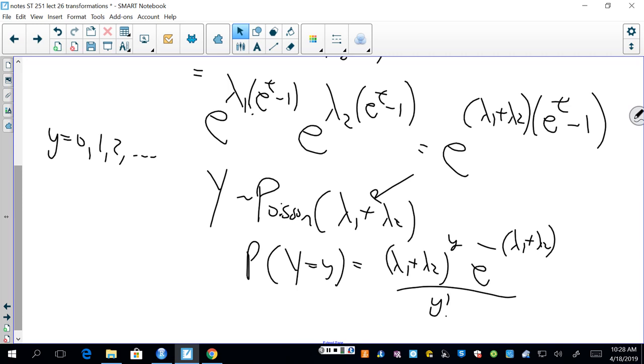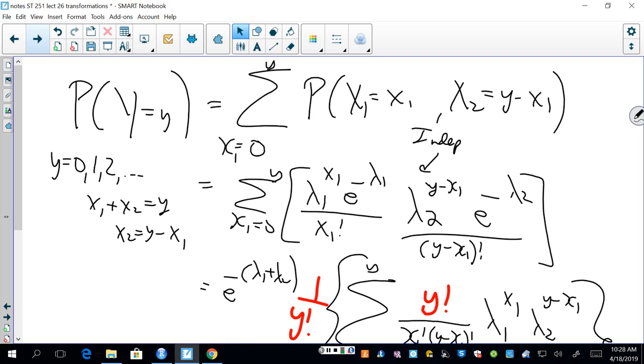If you didn't go through that moment generating function step, but I just wanted to go back to the probabilities of x without using the moment generating function, you should still be able to get down to those probabilities. And you can in this case. It's a little more work. It does require knowing this binomial coefficient thing, but it's still giving you the probabilities.